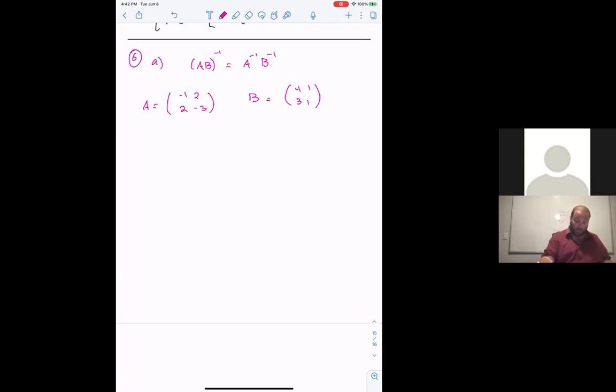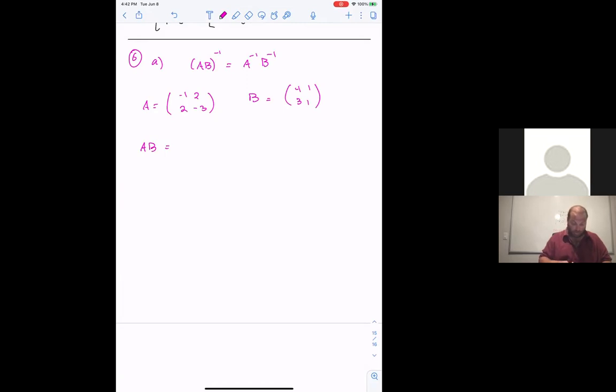How do we do that? Well, we first calculate the left, AB, and I'm too tired to do it by hand, so edit 2 by 2, -1, 2, 2, -3. Edit second one 2 by 2, 4, 1, 3, 1.